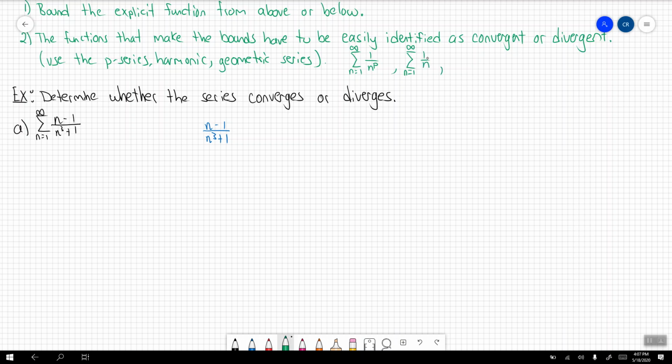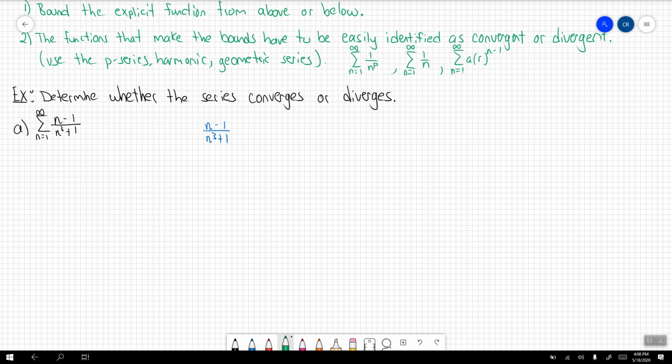Remember, harmonic series diverges. All right, or we can have a geometric series, n is equal to 1 to infinity, and this was a times r to the power of n minus 1. All right, so one of these series is what we need to identify. All right, and more importantly, you want to identify the explicit function here.